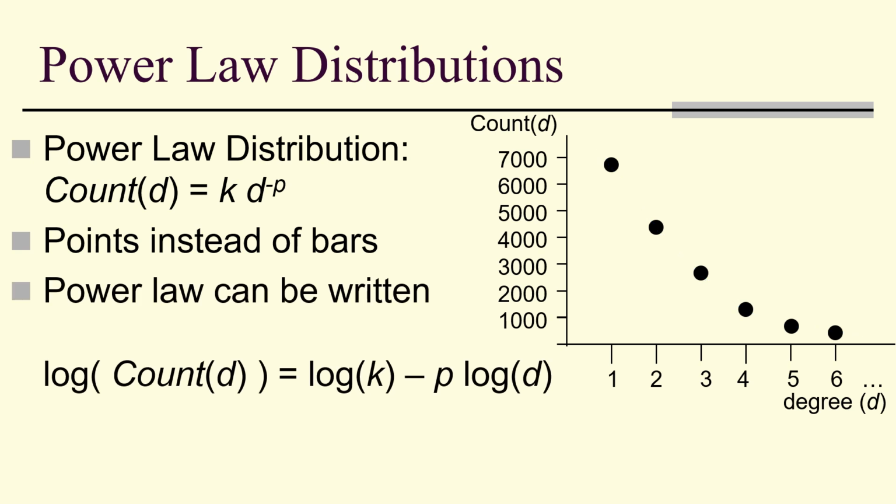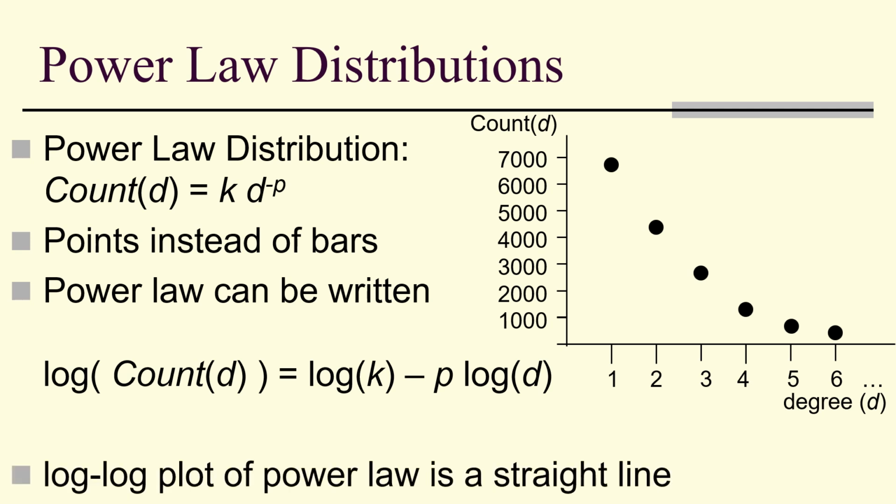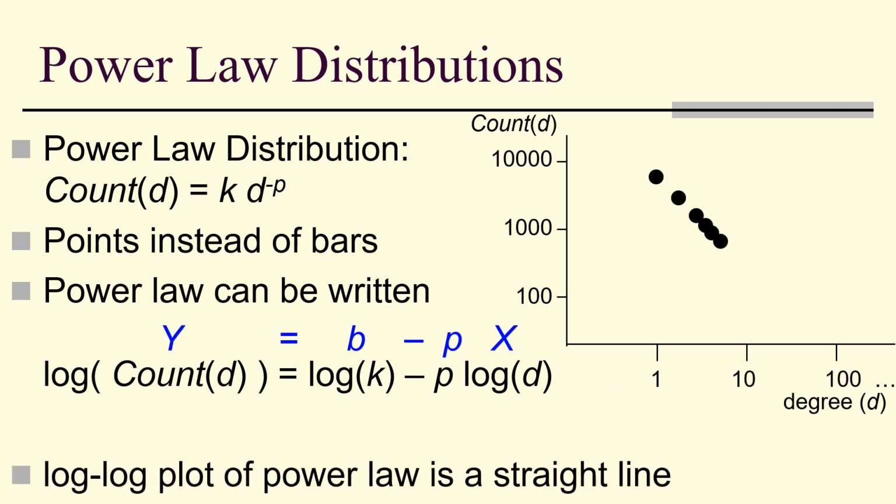And if we take logarithms on both sides, then properties of logarithms tell us we get log count(D) equals log C minus P log D. And that means we get a straight line. In particular, Y, the log of count(D), equals B, the constant, which is log C, minus P, the slope, times X, which is log D. In other words, the log-log plot of a power law is a straight line.